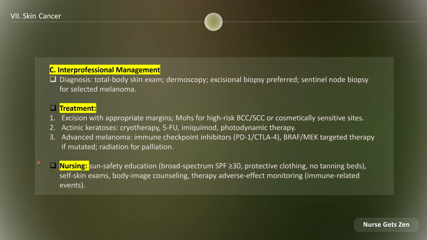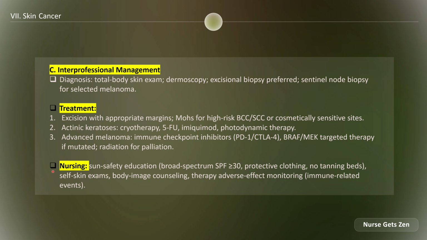Here in nursing, we have a lot of sun safety education. The nursing action is to provide pain medication as prescribed, especially for post-procedural pain.